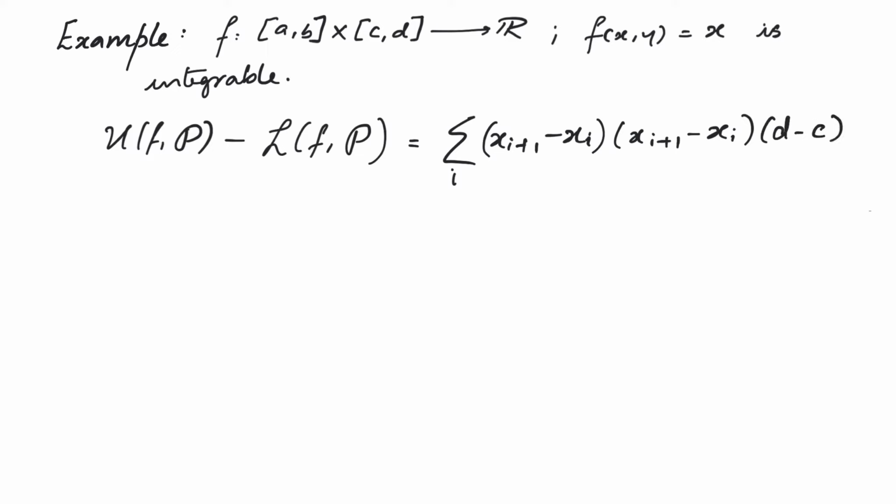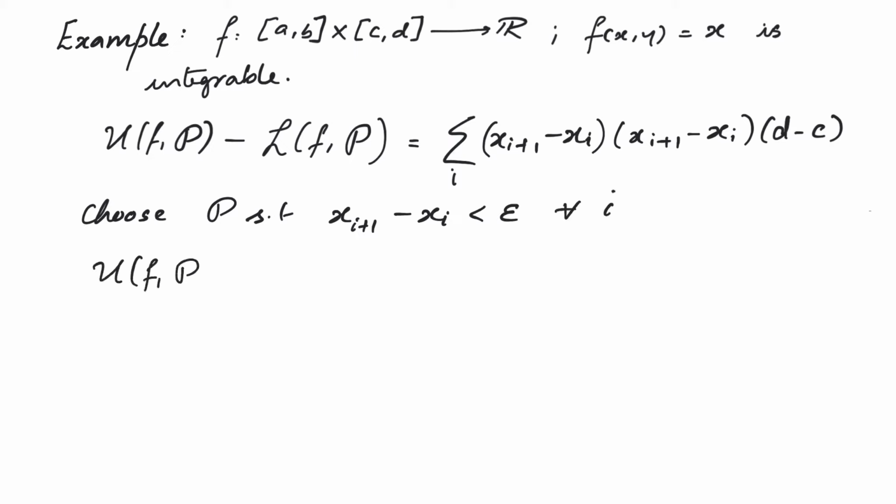Now choose a partition P such that whatever i you take, xi+1 minus xi is less than epsilon. If you choose such a partition, then observe that UFP minus LFP will be less than epsilon into (d minus c) times summation over i of (xi+1 minus xi).